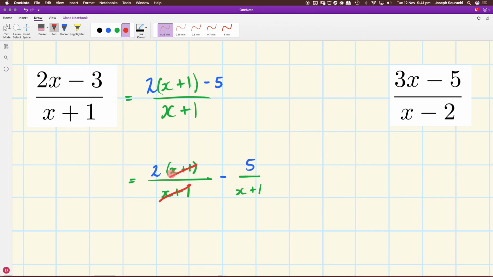These cancel out. I am therefore left with 2 minus 5 over x plus 1. I then am able to identify my asymptotes. It will be 2, and x will equal negative 1. So my asymptotes will be x equals negative 1 and y equals 2.